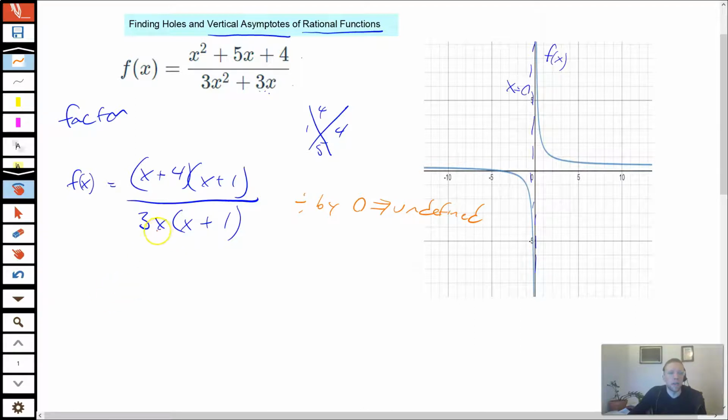So right away we say, well, that's where 3x equals 0 and where x plus 1 equals 0. So that's x equals 0 and x equals negative 1. So x equals 0, right away we can say that's our vertical asymptote, and that's what we were expecting based on the graph.